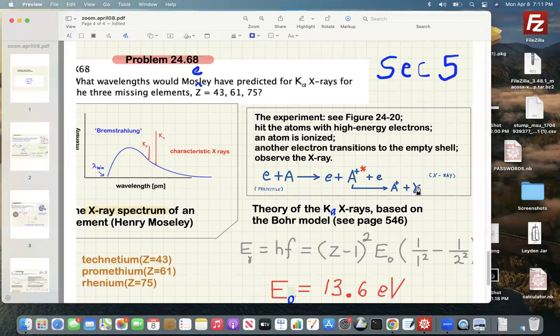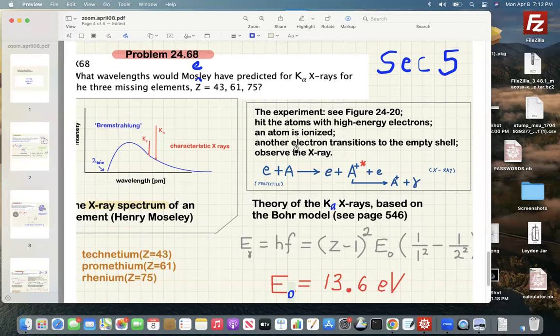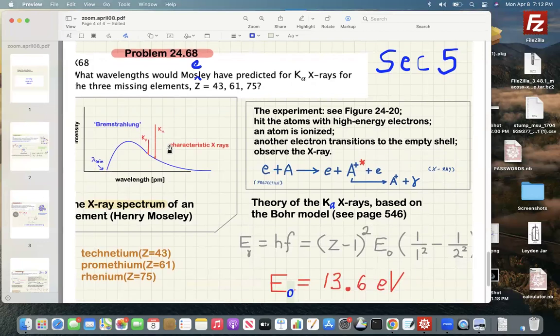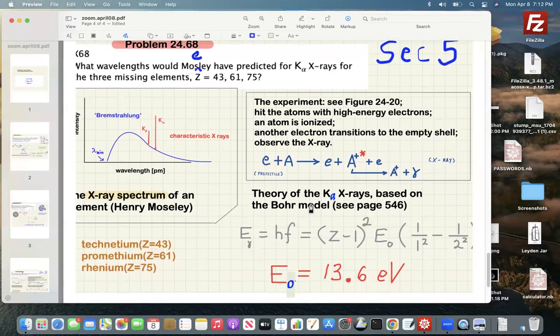And that photon will have a high energy. So that photon will be an X-ray. Now the theory of the K alpha X-rays: Moseley did many, many experiments to measure these characteristic X-rays. But the theory of it was based on the Bohr model.